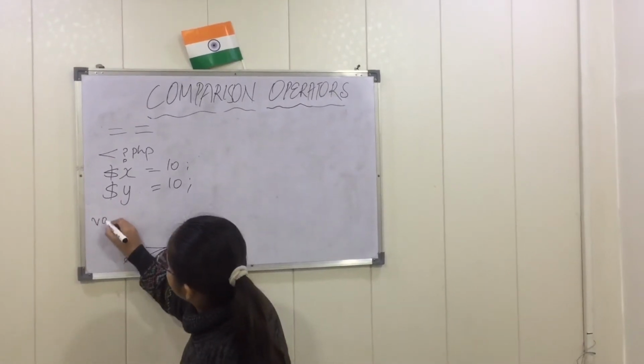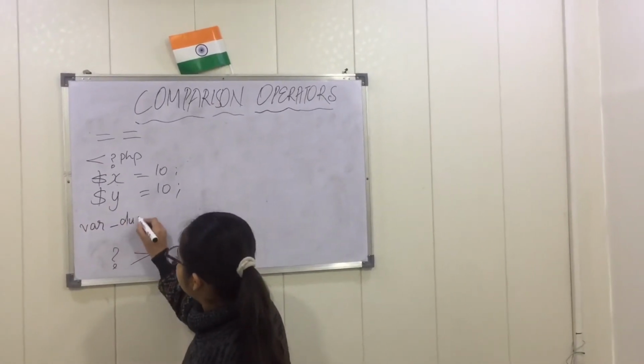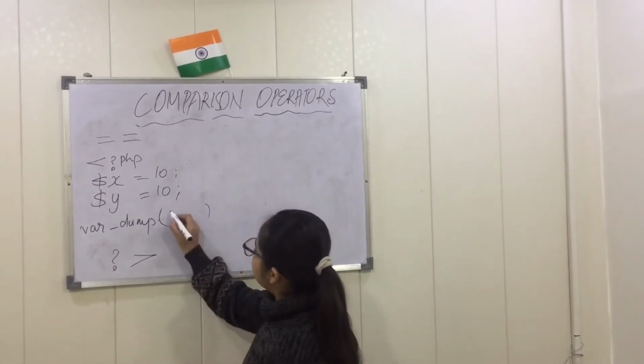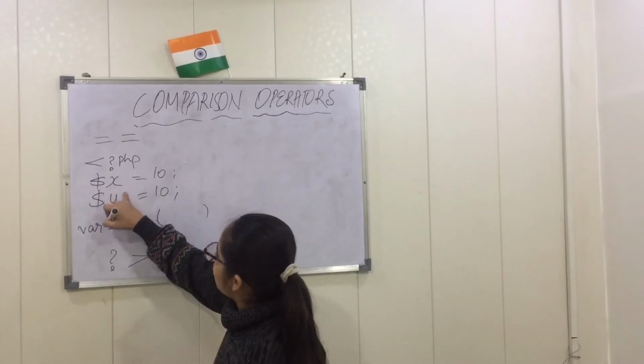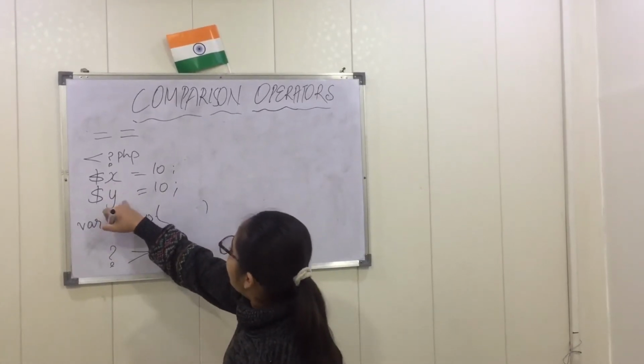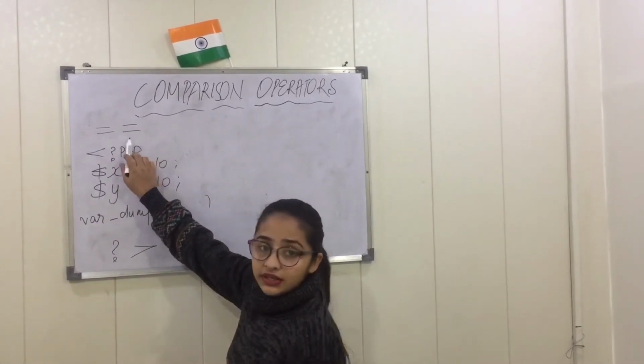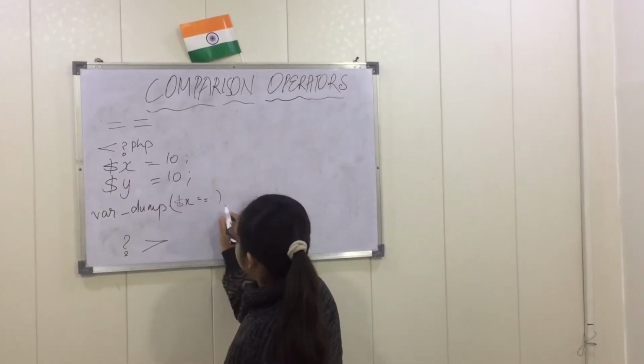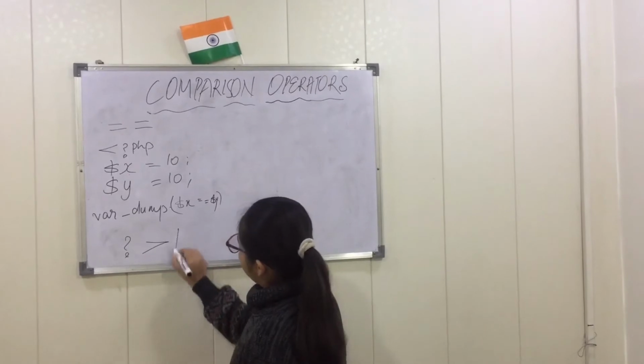After that, var_dump. In brackets, I will write $x and $y with the equal-to operator. So I will write here $x is equal $y.